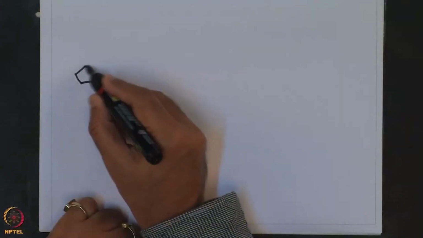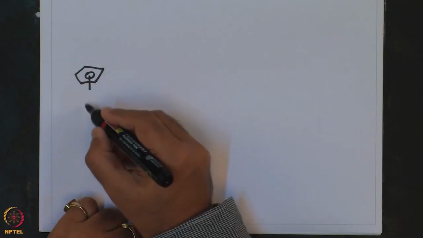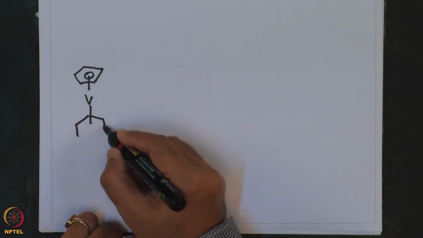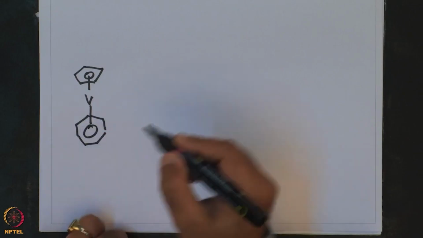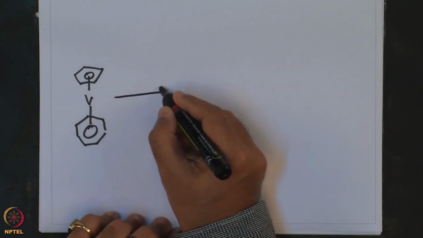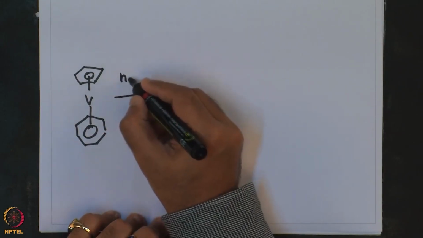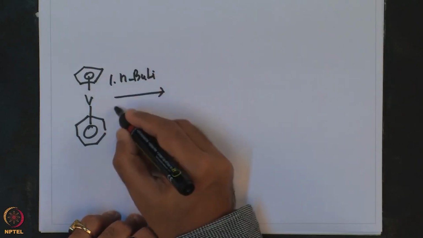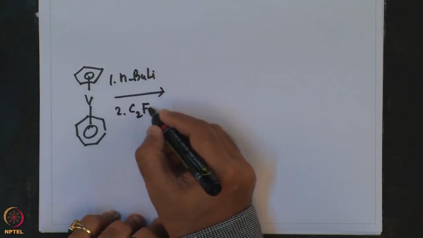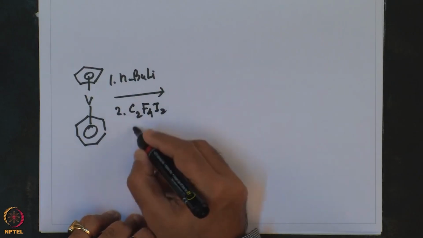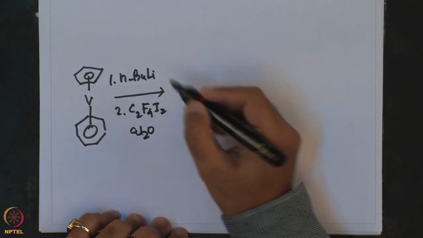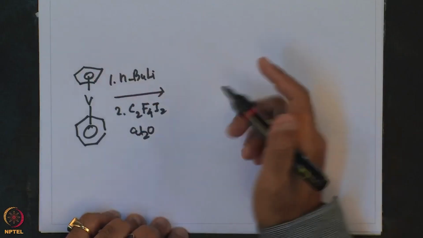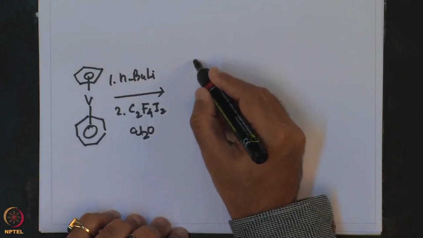So, this is Cp vanadium C7H7 in the presence of n-butyl lithium, and the second reagent is C2F4I2 in ether, giving this iodination, and in this case the iodination happens at the Cp ring.